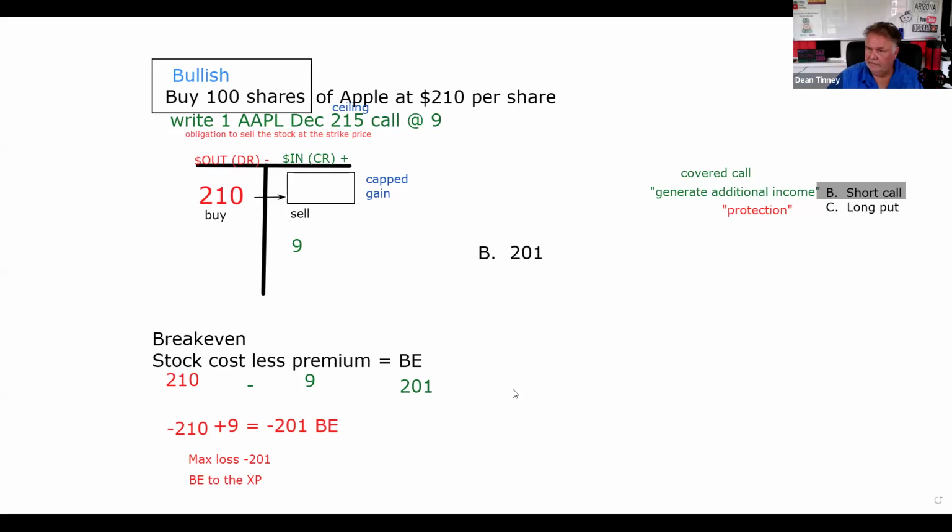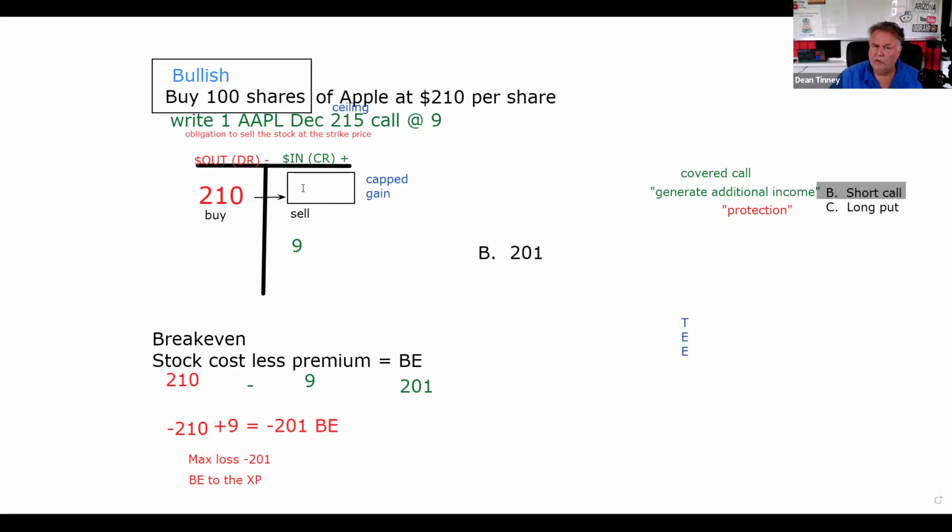Remember, because 3 things can happen to this option contract. This option contract can be traded. This option contract can be exercised. This option contract can expire. And you should know 215 or higher, it's going to get exercised. And again, the person's going to be mad because they don't participate past the strike.